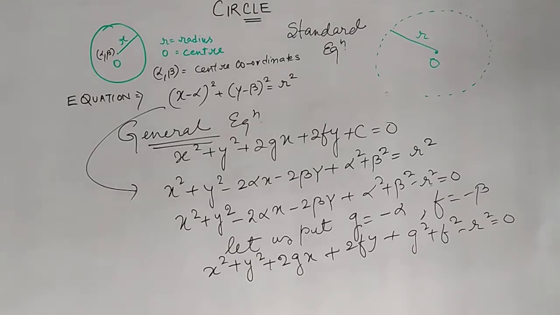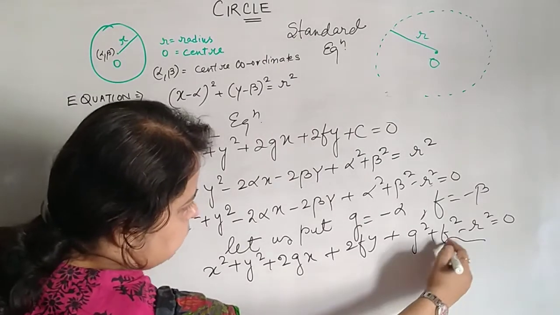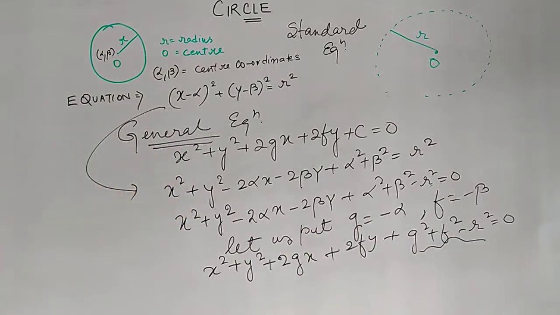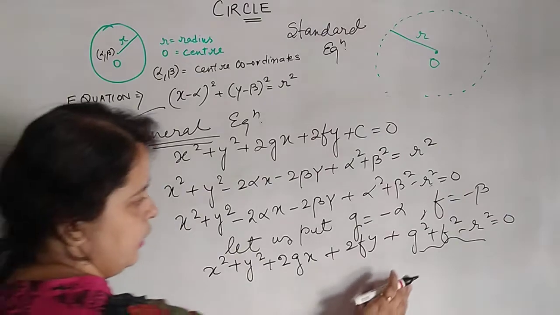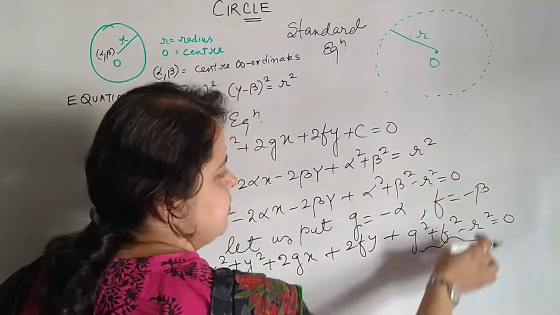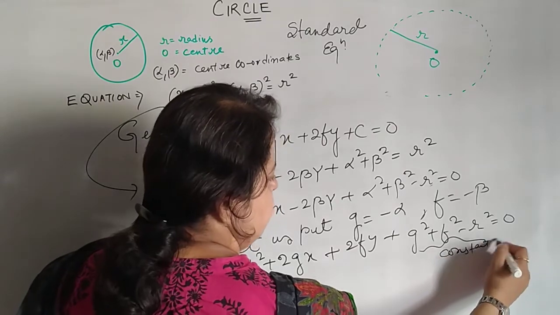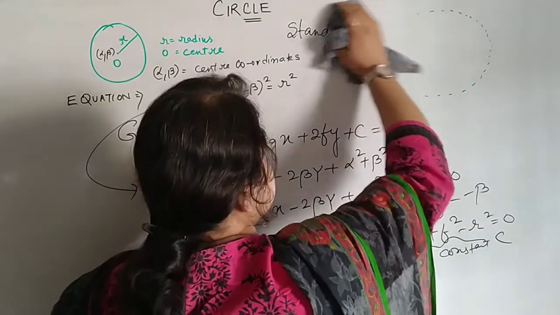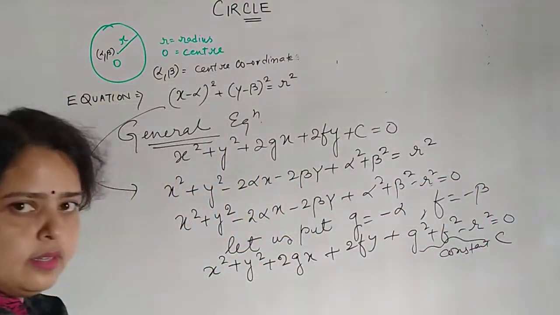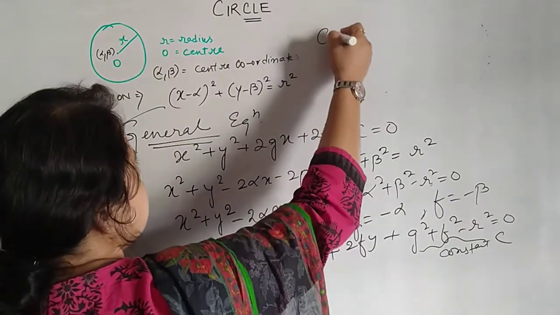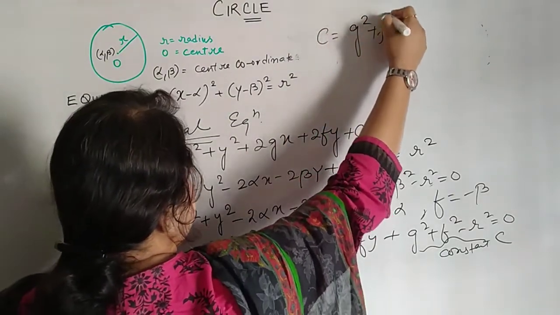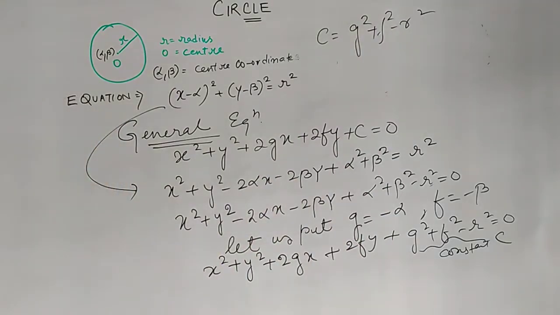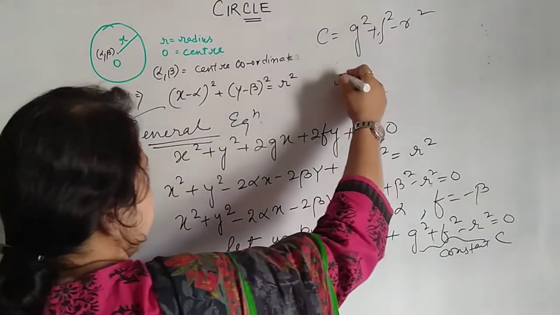Now look at this part. This is some constant, no? It is clear to everyone that when we calculate this, it is going to give some constant. So let us name it constant C. Let C be g square plus f square minus r square. Okay. So what is r square?